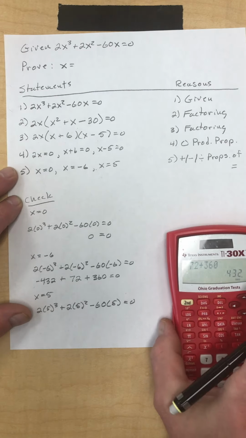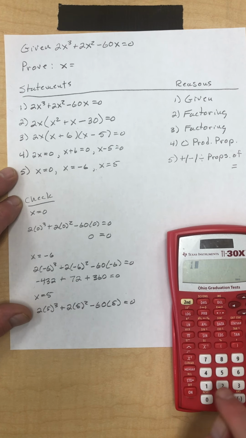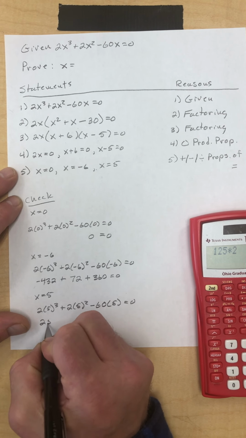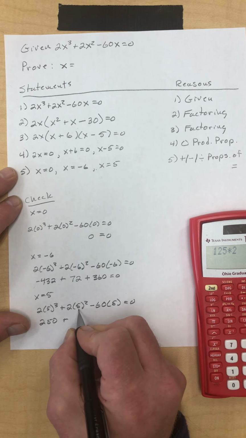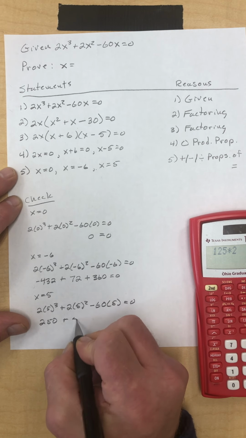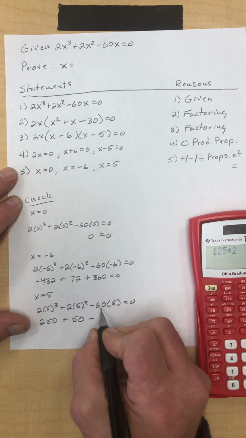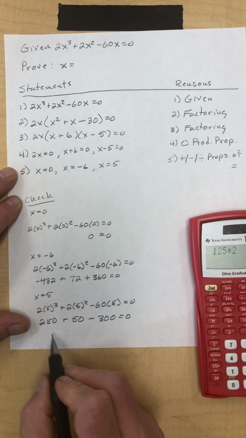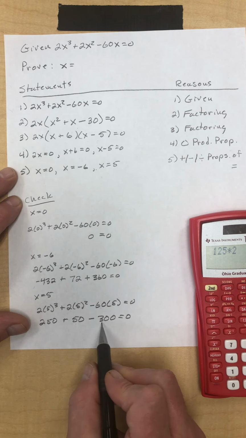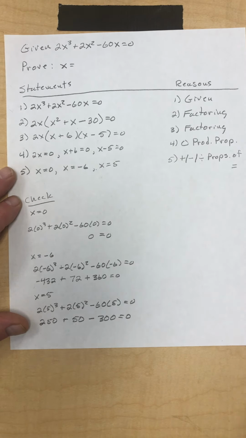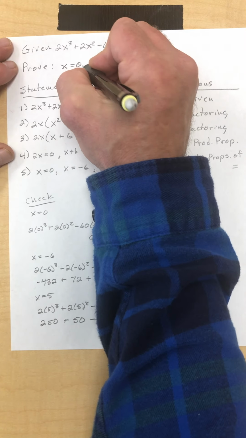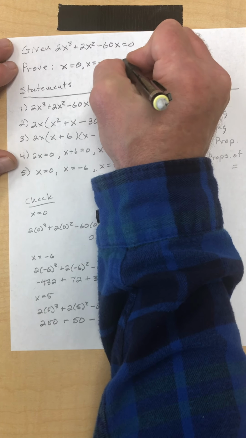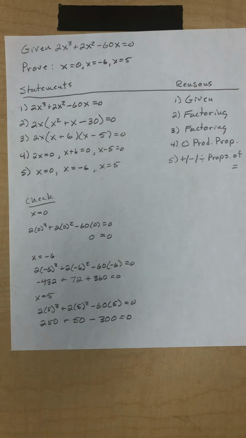Let's see. 5 to the third power is 125, and I multiply by 2, so I get 250. 5 squared is 25, 2 times 25 is 50. 60 times 5 is 300. So does that work? Well, 250 plus 50 is 300, minus 300 is 0, so that works as well. So we get x equals 0, x equals -6, and x equals 5. And we are good to go.